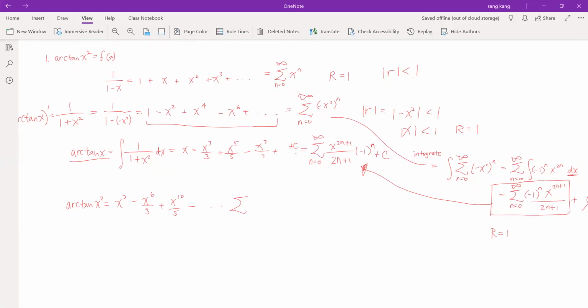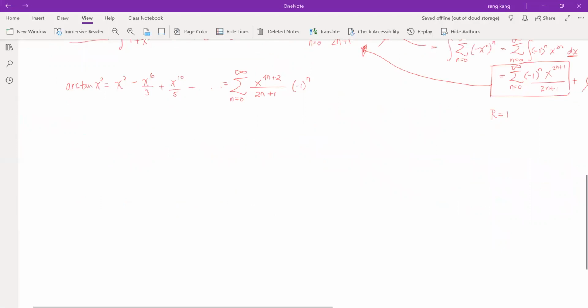And here, we just replace x with x squared as well. So x squared to the 2n plus 1 becomes x to the 4n plus 2 over 2n plus 1, times -1 to the n, n equals 0 to infinity. We already found that c was 0, right?